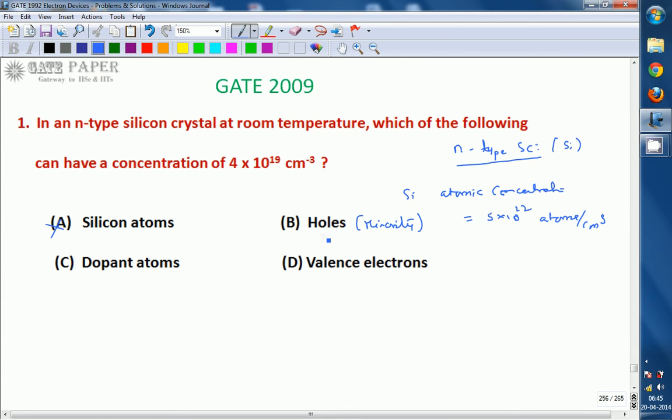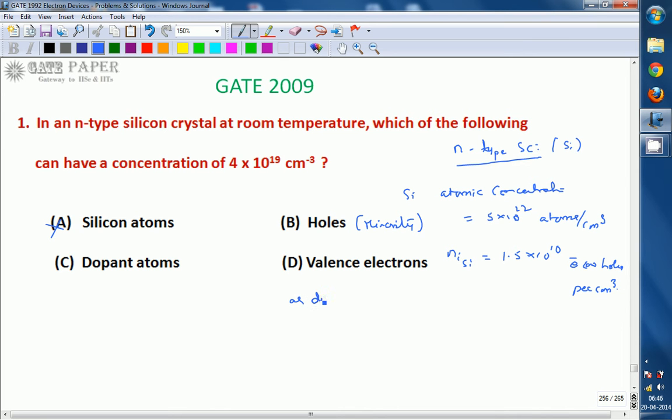Generally, for intrinsic silicon we go with the intrinsic carrier concentration, ni of silicon, equal to 1.5 into 10 power 10 per centimeter cube. In pure silicon you get 1.5 into 10 power 10 electrons or holes, both being the same.